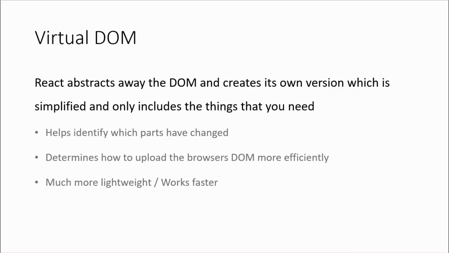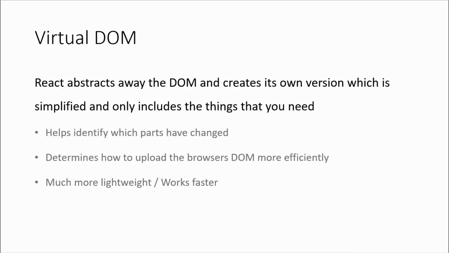As I said, React uses a virtual DOM, and it basically abstracts away the DOM and creates its own version, which is simplified and only includes the things that you need. It also helps us identify which parts have changed.